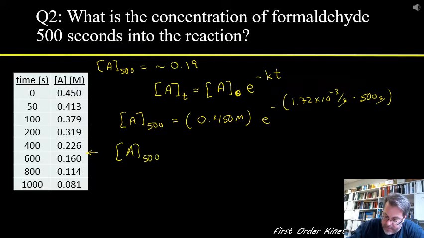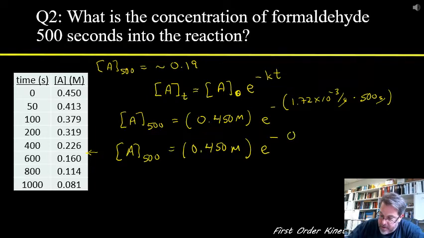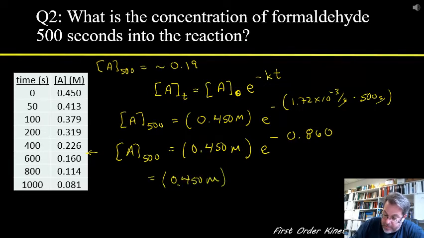So our concentration at 500 seconds is 0.450 molar times e to the minus. Multiply those two things together, we get 0.860. And so this equals 0.450 molar. Remember to keep our units in there. And for this part over here, just use your calculator, right? Use your e to the x key.